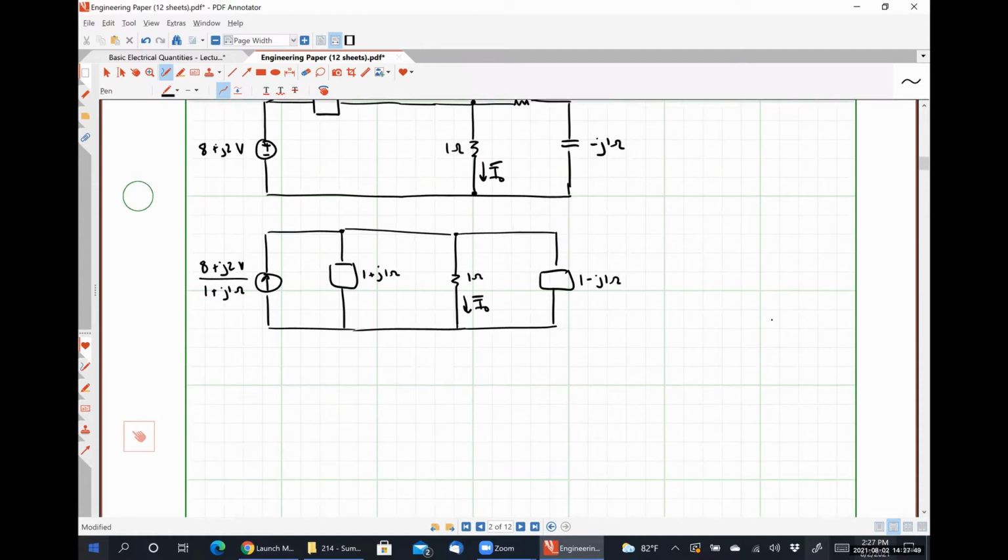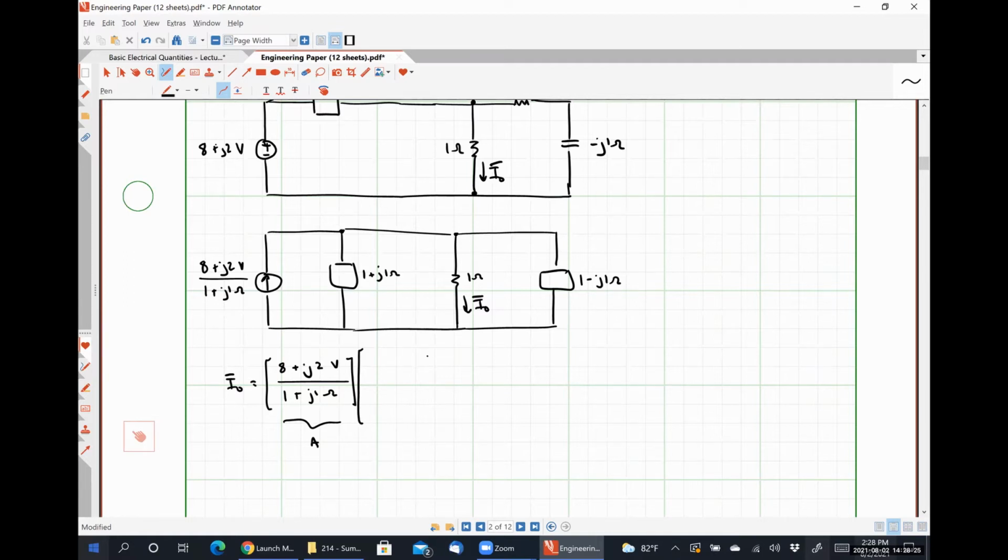So using current division, I naught will be equal to 8 plus J2 volts divided by 1 plus J1 ohms. And for those of you with Casio calculators that tend to throw a little bit of a fit when you're doing complex math here, I would do this bit, store it as, say, variable A, and then do the ratio of the impedances, store that as variable B, and then just multiply those 2 variables together.